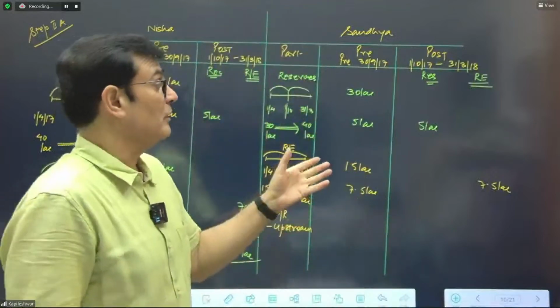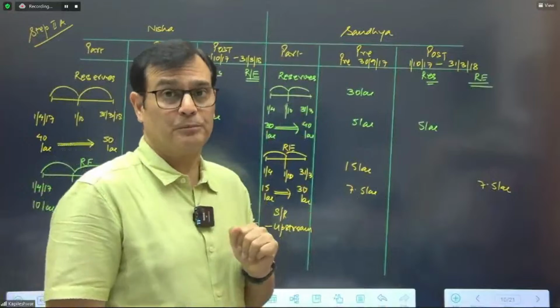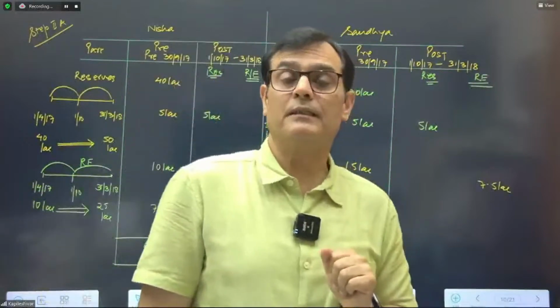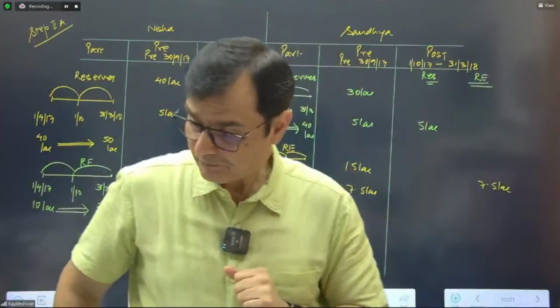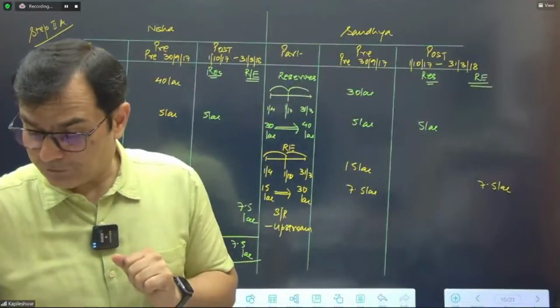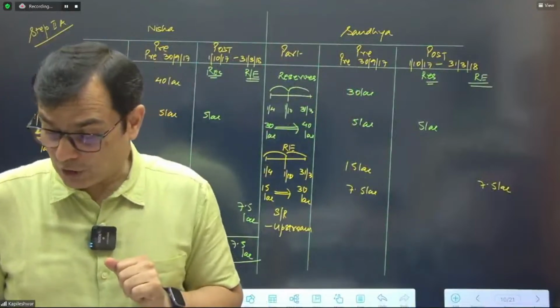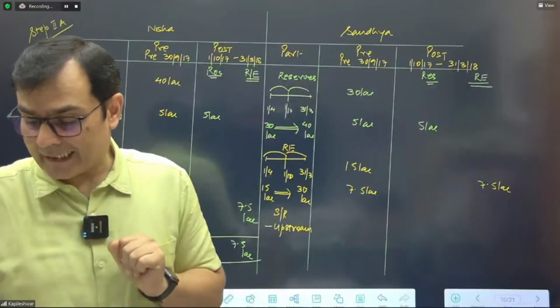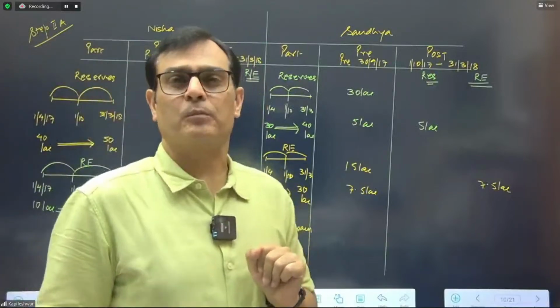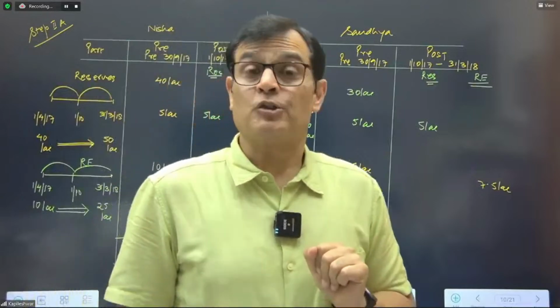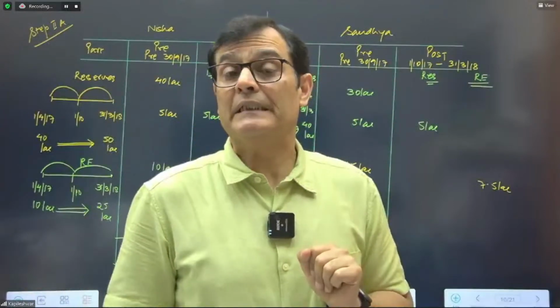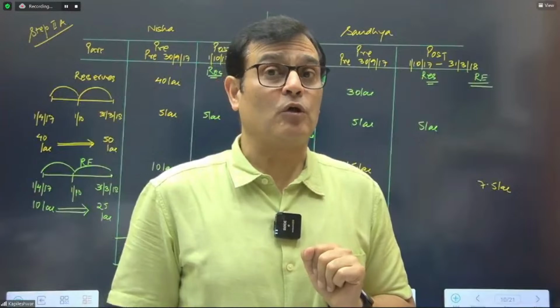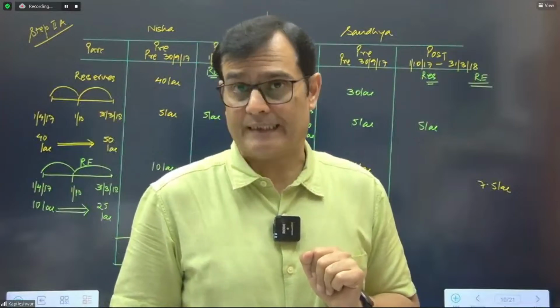Otherwise, the elimination will have to be done out of the pre-acquisition period if the sale was done in a pre-acquisition period. So if you go to point number 4, regarding the stock sale, 5 lakh inventory is included and it was purchased at cost plus 25%. So cost plus 25% would mean it is 1/4 on cost and it is 1/5 on sale.